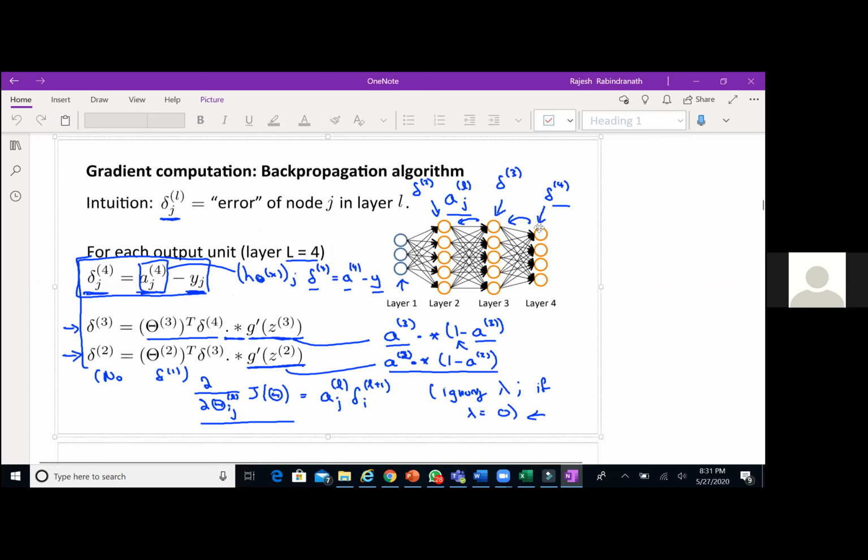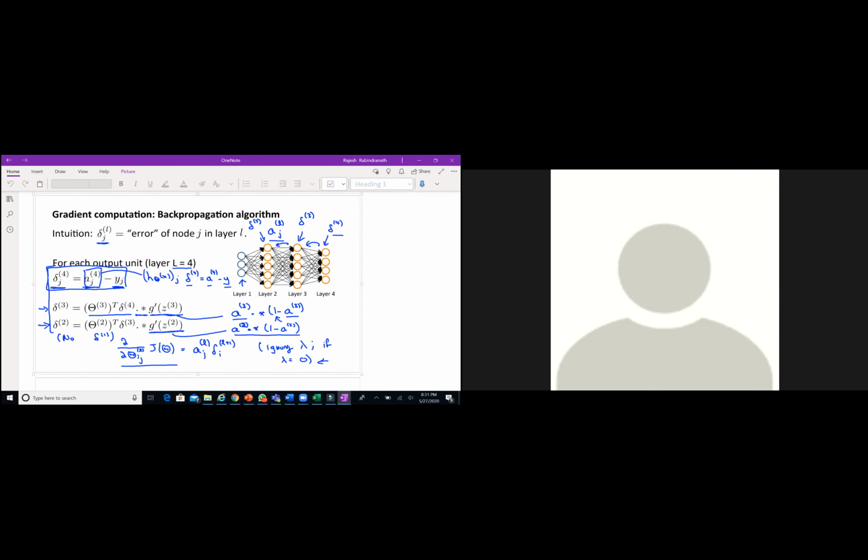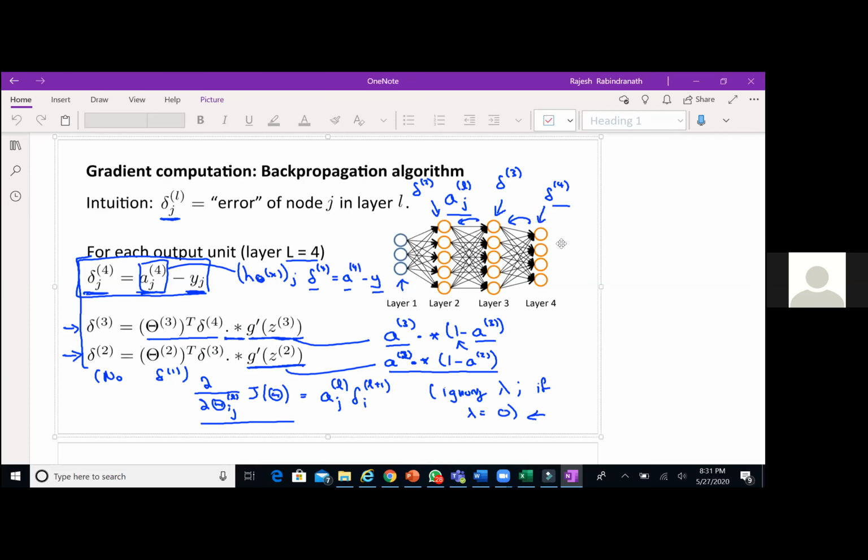It is calculated because we have two values: one is an activation value, which is called A4 1, and then you have an actual value based upon the training set. For example, if this was the jth element in your training set, what do you do?